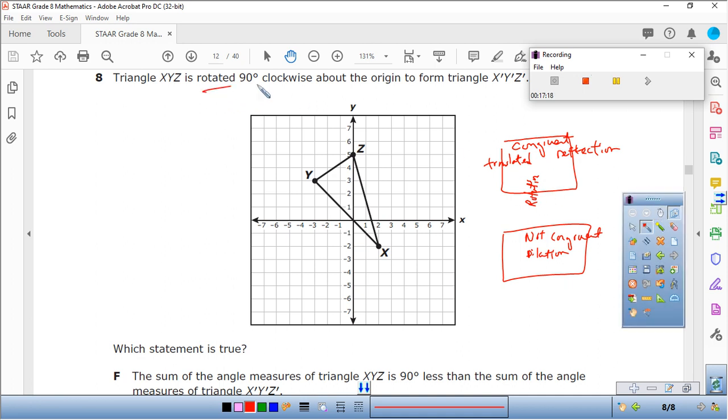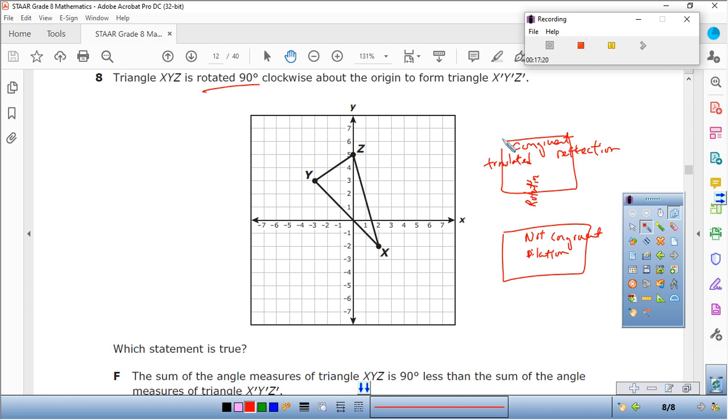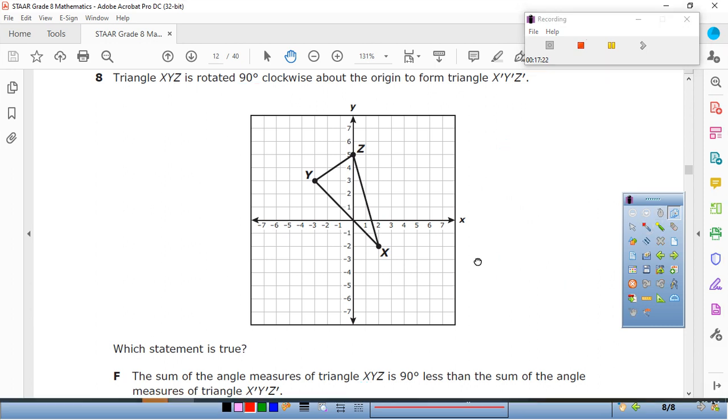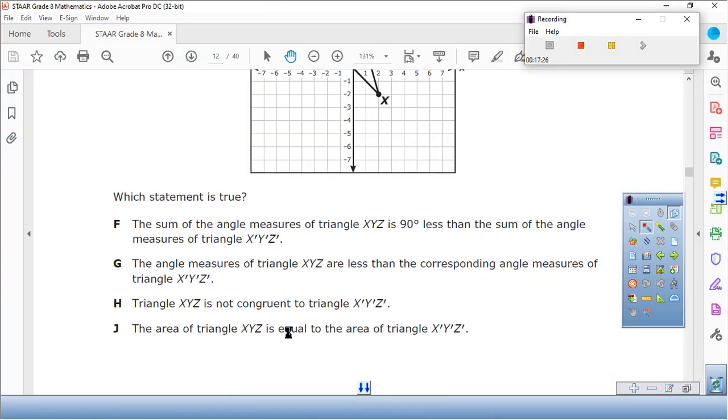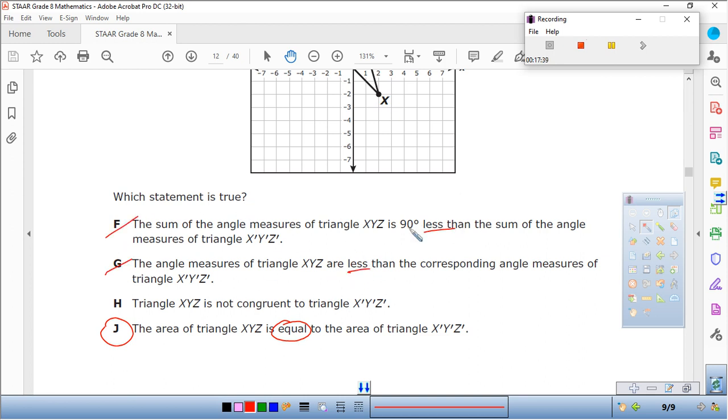So this question is based off of is it congruent or not. It says it's rotated 90 degrees, which means I'm on the congruent side. Which statement is true? Guess what I'm going to be looking for? Yes. I have to look for congruent, equal, same, whatever you want to call it. This stuff that says it's less, out. Everything's the same, less, out. I'm not even reading the sentences.